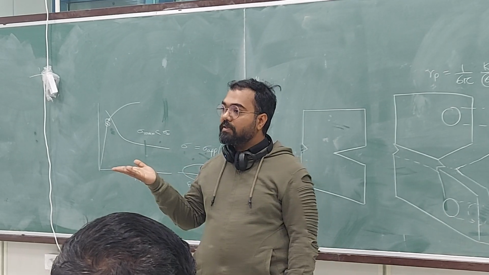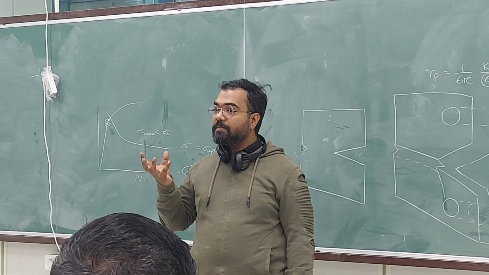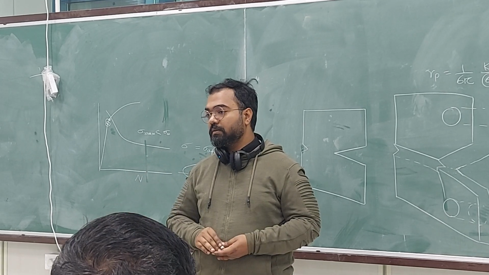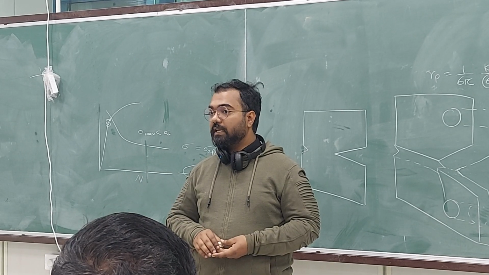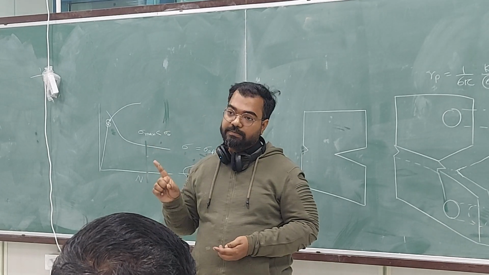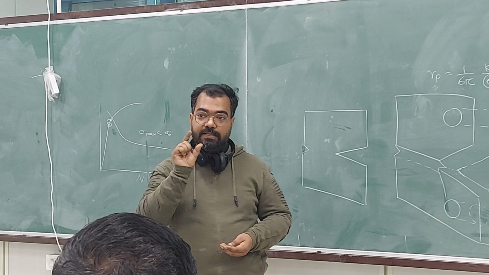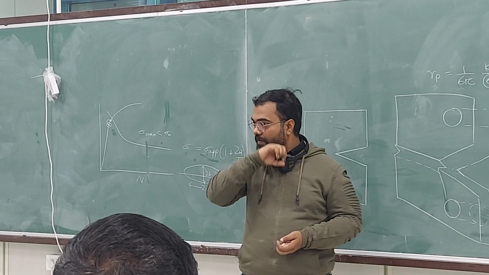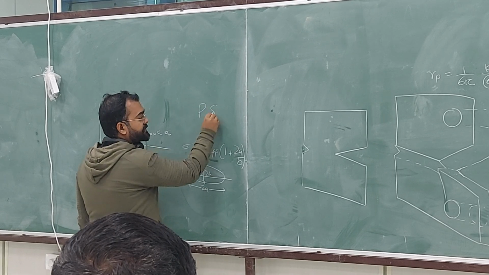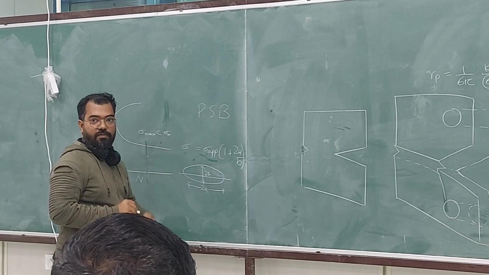Some of the slip bands disappeared, but some of them were retained. They did not disappear. That was a signature, and those slip bands were not in all the grains, only in some grains. And those are called persistent slip bands. Why? Because they persisted.